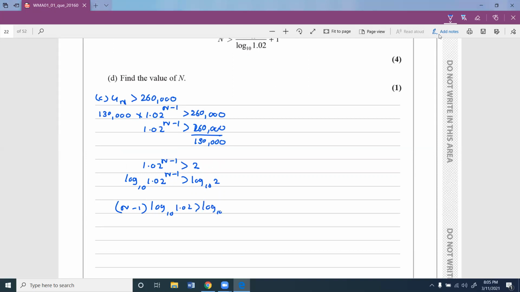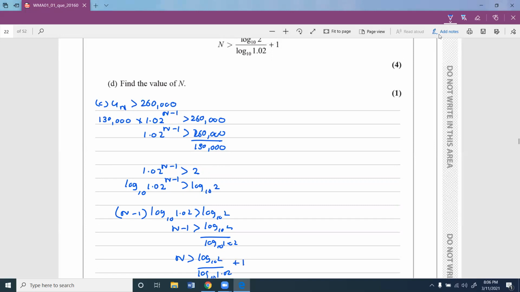Then n minus 1 is greater than log 10 of 2 divided by log 10 of 1.02. Then you can write n is greater than log 10 of 2 divided by log 10 of 1.02, plus 1. Next part of the question, they ask us to find the value for n.